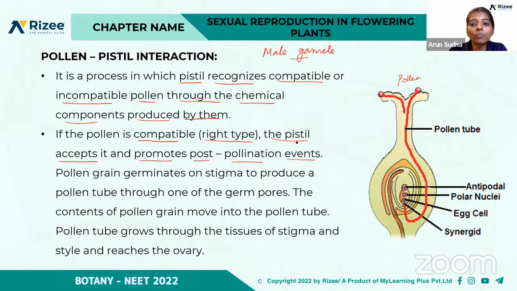So how do the post-pollination events happen? When the right pollen sits on the stigma, it leads to the formation of a pollen tube, right? If the pollen tube is formed, it shows that the pollen is compatible. Okay, so if the pollen is compatible, the pistil accepts it and it promotes the post-pollination events.